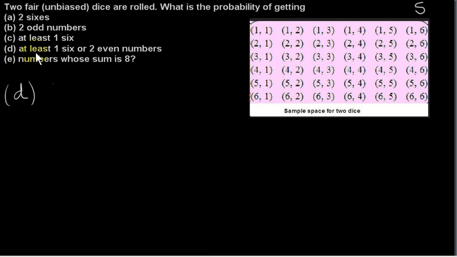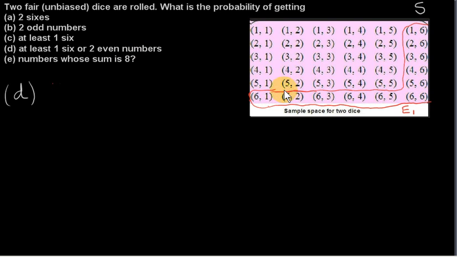In part D, we want the probability of getting at least one 6 or two even numbers. Well, we've already highlighted the event getting at least one 6. Let's do it again. I will call it E1. So E1 consists of 6 and 5, 11 elements. Now what about two even numbers?